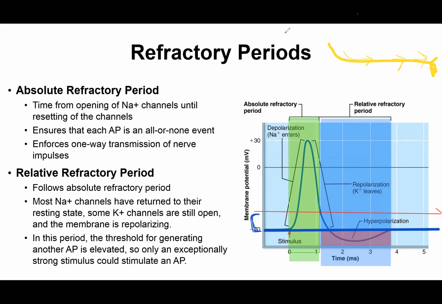However, if we are in this hyperpolarized state, okay, so we're down here in this hyperpolarized state, in order to reach threshold, now we have to change this much. Okay, and so the only thing that's going to cause that big of a change would be a really, really strong stimulus. Okay?